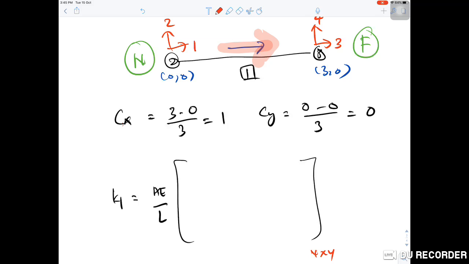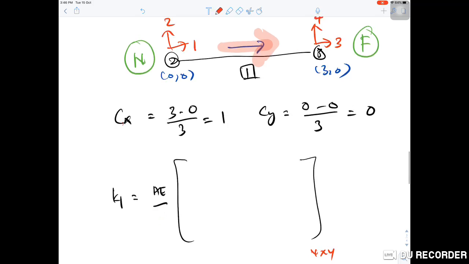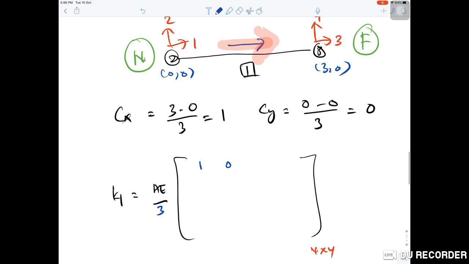Okay, by looking at the formula, it is CX square. Here I want to put L. L is 3 meter. CX square means 1. CXCY is 0. Negative CX square is negative 1. Negative CXCY is 0.